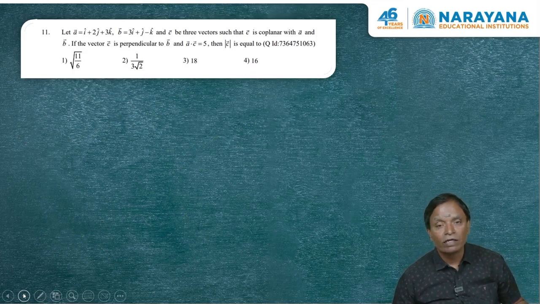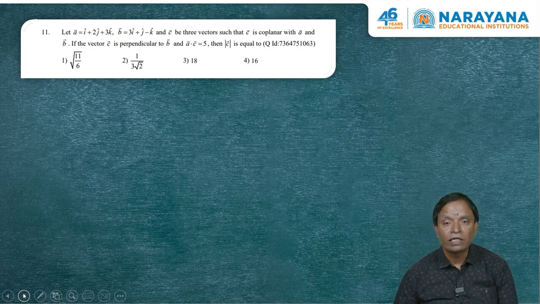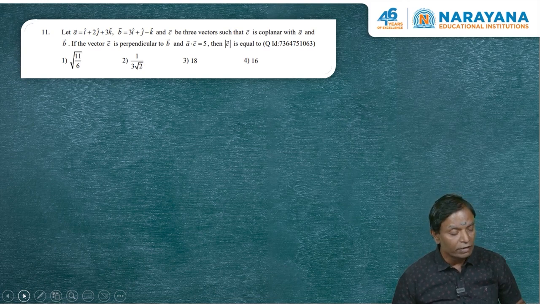You are given the vector A bar, and C bar is coplanar with A bar and B bar. If the vector C bar is perpendicular to B bar and A dot C is equal to 5, then you are asked to calculate the modulus of C bar.